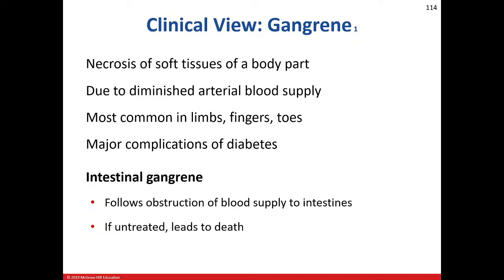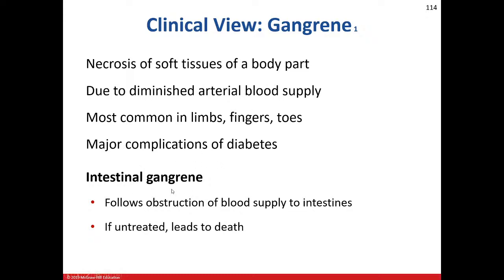The tissue's not getting blood supply, in other words, and so it begins to die off. It's most common in the limbs, fingers, and toes, and it can also be a major complication of diabetes. Diabetes leads to elevated blood sugar levels, and the elevated blood sugar over long periods of time can damage your blood vessels, and if that happens, you will damage the blood supply to the limbs, fingers, and toes.